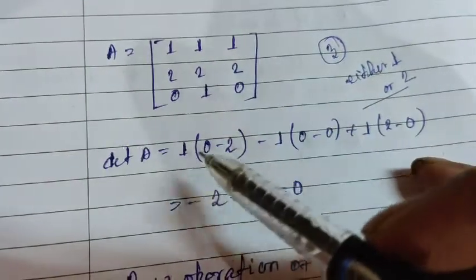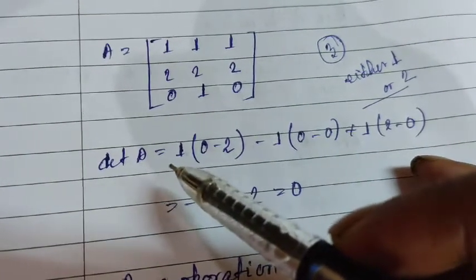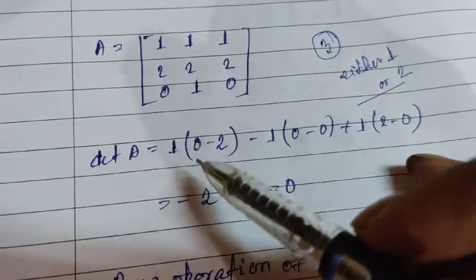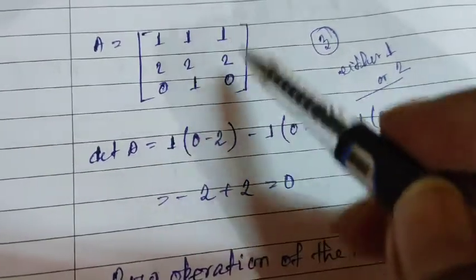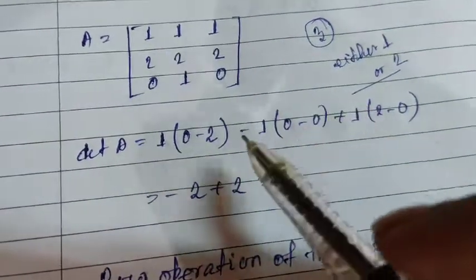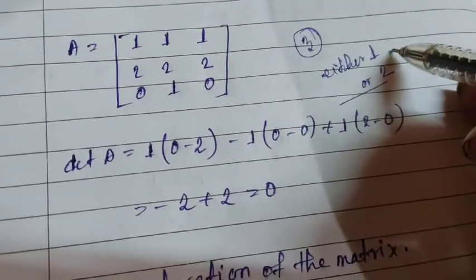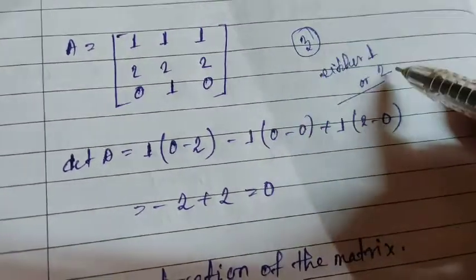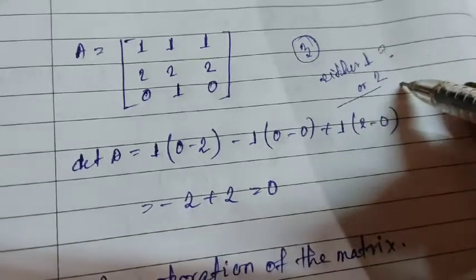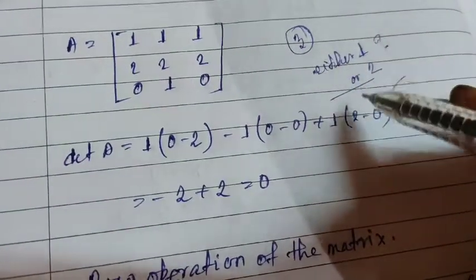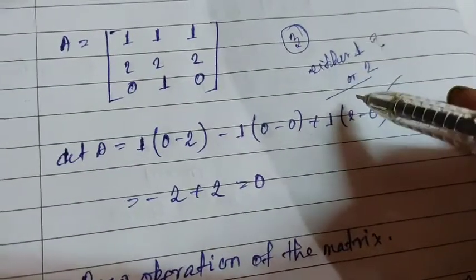And now if we find the determinant, expanding along the first row, we get the determinant value as 0. So now its rank is less than 3. That means its rank is either 1 or 2.